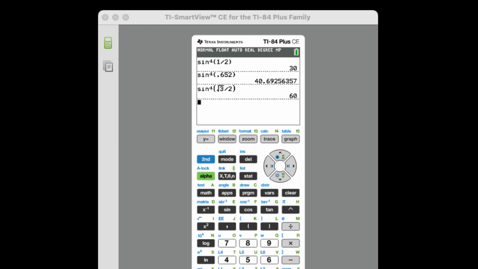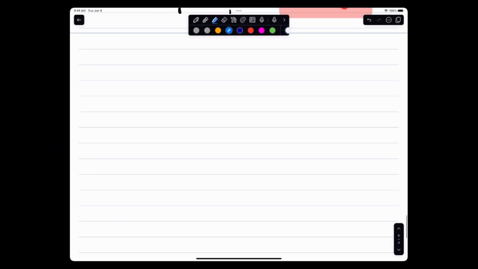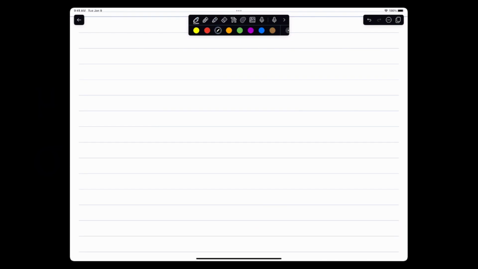All right, let me do a few things here. All right, now let's give you guys another example here, okay? You say, what if they tell us to do the following? Say, what if they give me to evaluate negative 1/2? Or let's start off with the one we just did, negative square root of 3 over 2.